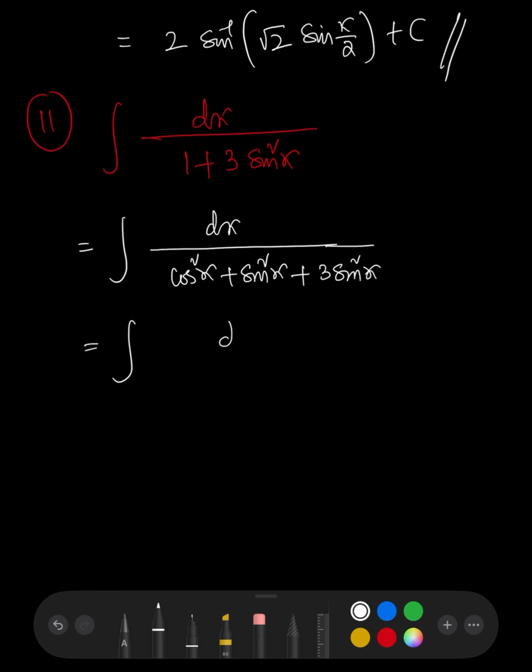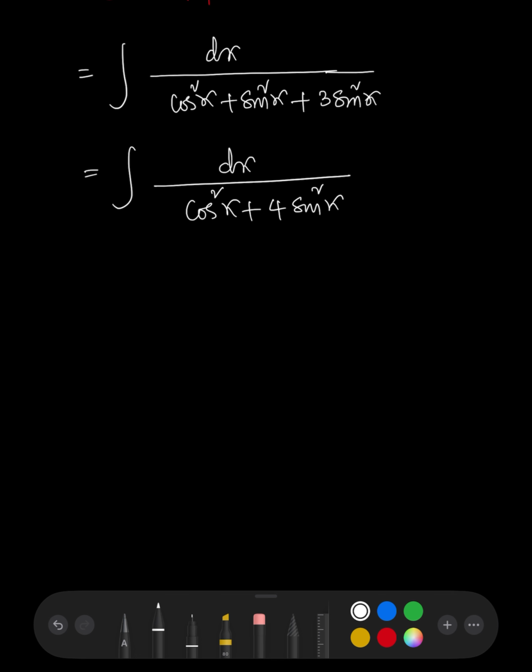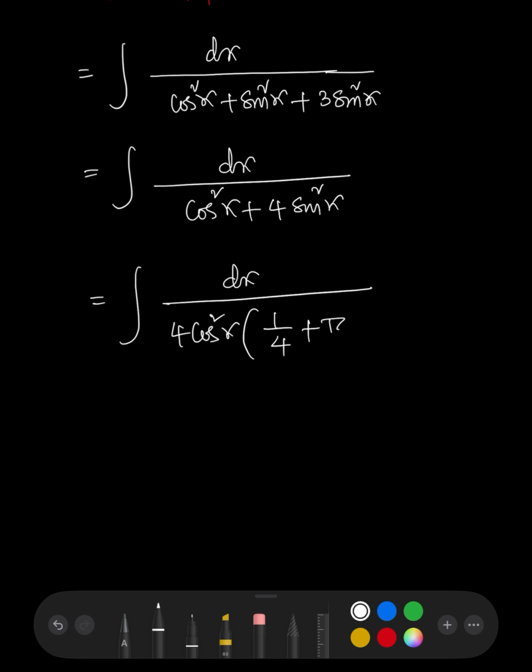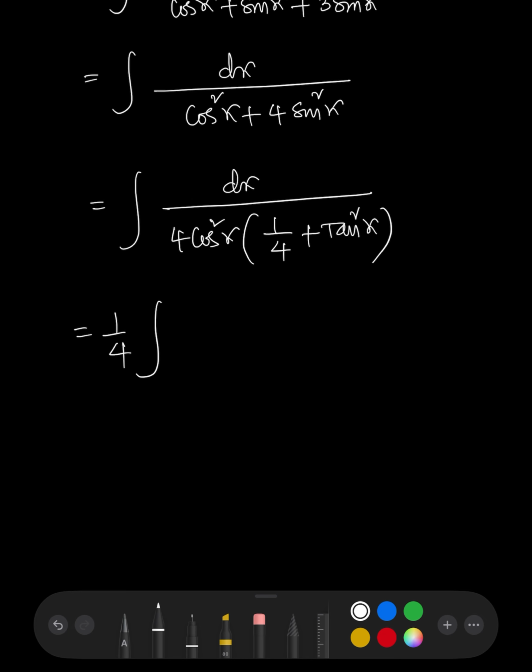So integration of dx by cos square x plus 4 sine square x, right? From this I can take 4 cos square x common, so that here I will get 1 by 4 plus tan square x. So 1 by 4 constant outside, and denominator cos square x is there.